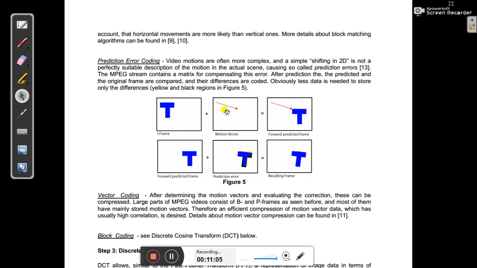Therefore, an efficient compression of motion vector data, which usually has high correlation, is desired.